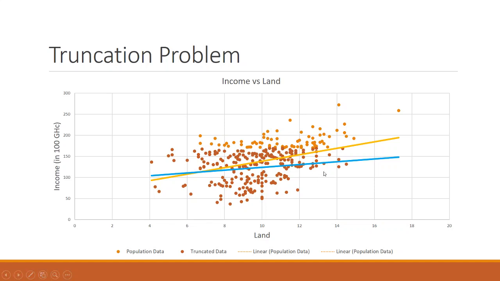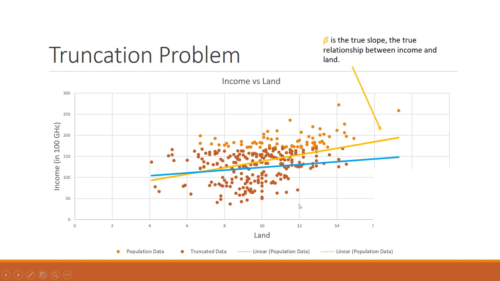And as you can see, these regression lines are different lines, and they have very different slopes. Which means that our estimated marginal effect of land on income is going to be biased. It's not going to accurately represent the relationship between land and income in the population.